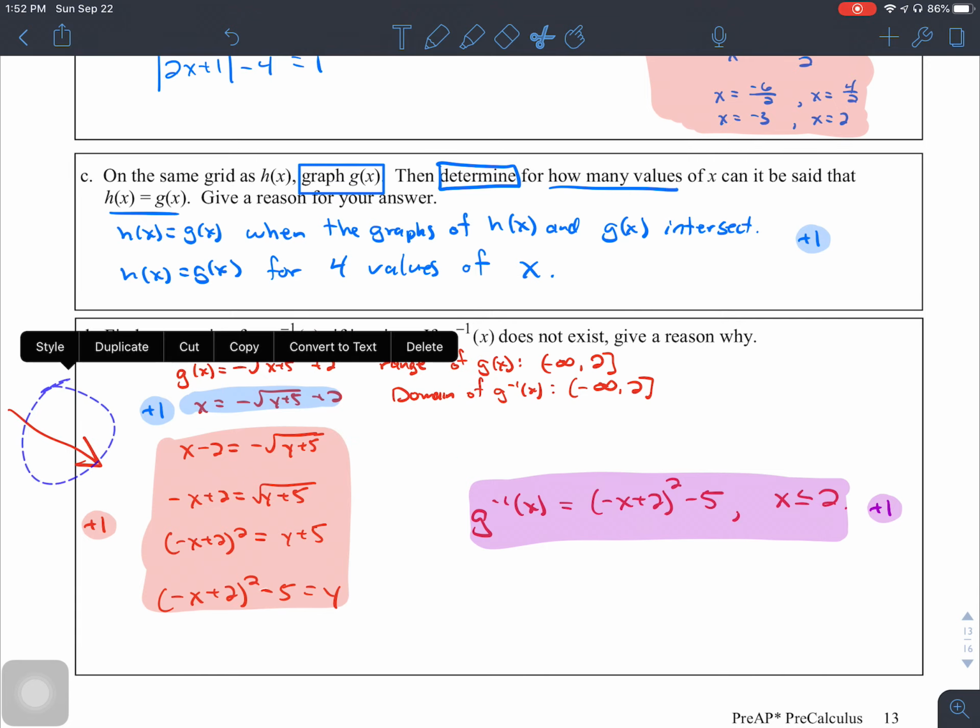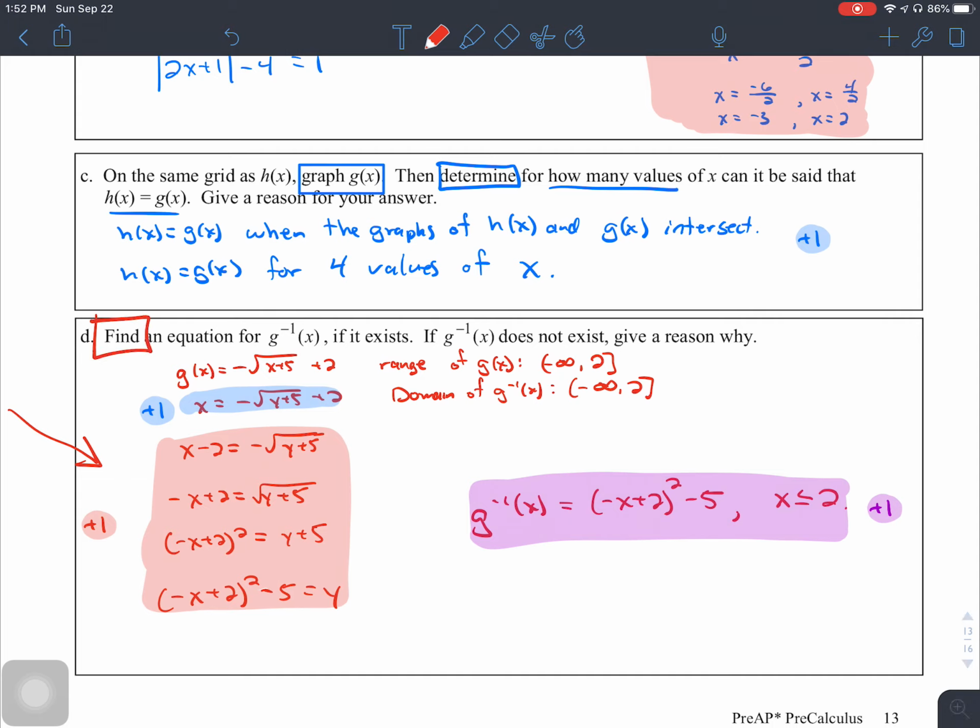You get 1 point for finding the equation of g inverse. I'll get to the points in a second. If it does not exist, give a reason why. It does exist, so we don't have to do that. You get 1 point for knowing that to find the inverse, you interchange x and y.